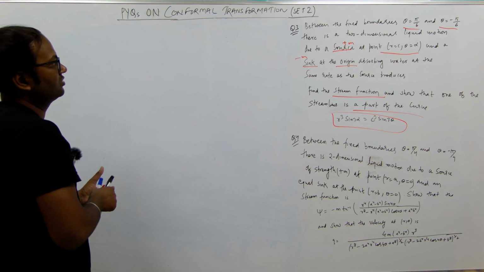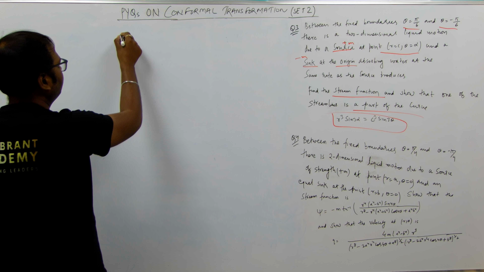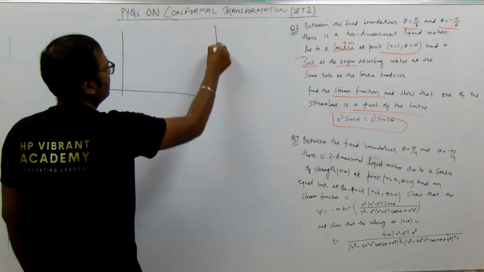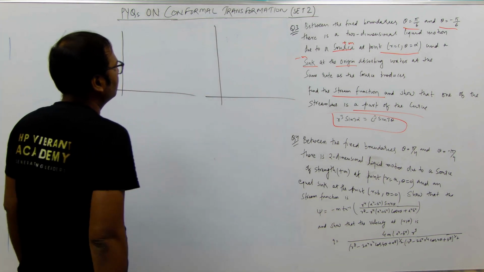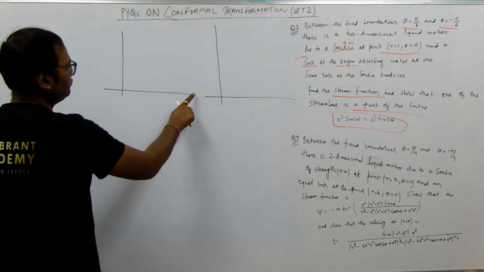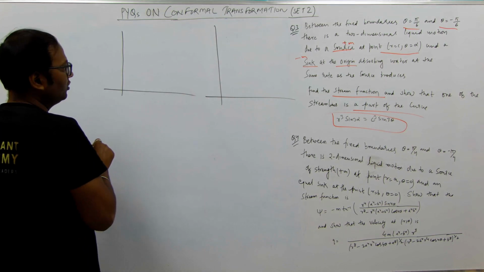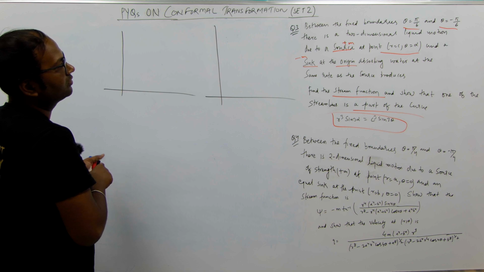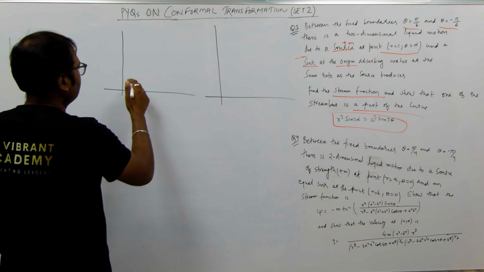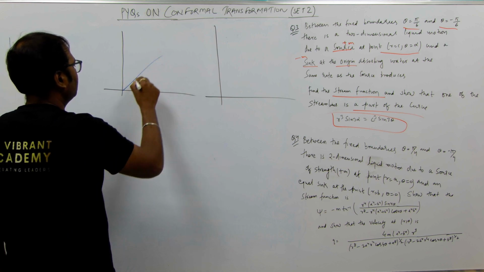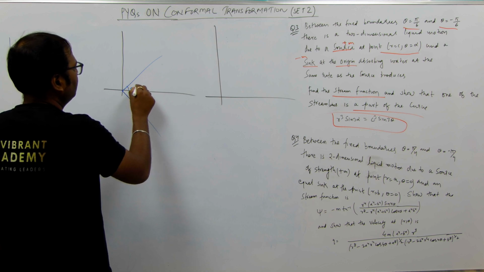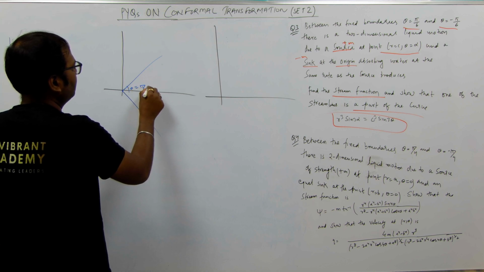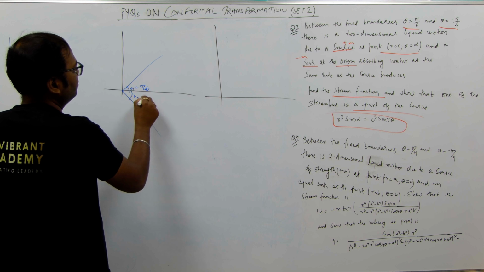So let us draw this plane. We have this z plane and this is the neta plane. We have theta is equal to pi by 6 and minus pi by 6. So the first boundary is at an angle of inclination theta is equal to pi by 6, that is theta 1, and theta 2 is equal to minus pi by 6.